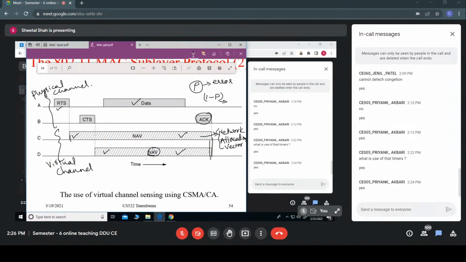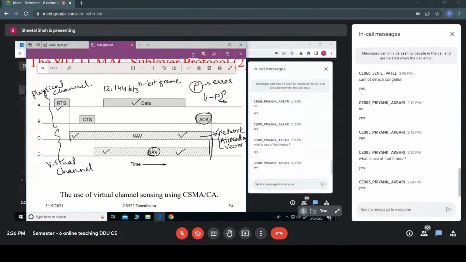In case we are having an n bit frame, assume I'm having an ethernet frame, what is the size of the ethernet frame? I think it is 12,144 bits. Now, for the entire frame to be received without error, it would be 1 minus p raised to n. Are you getting this?